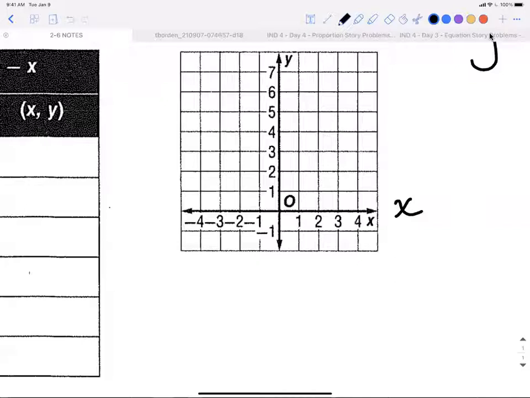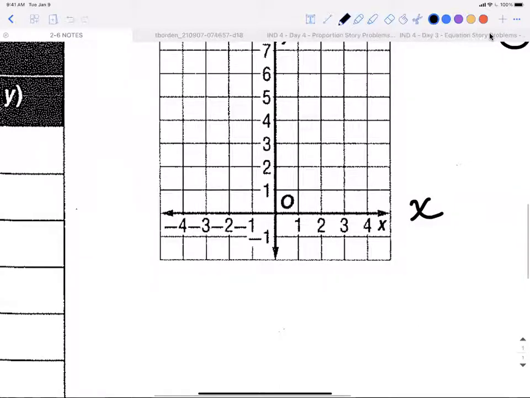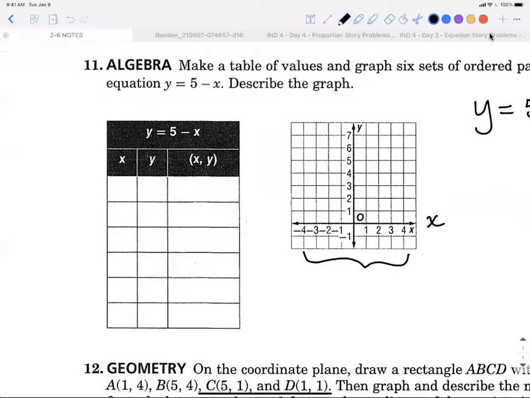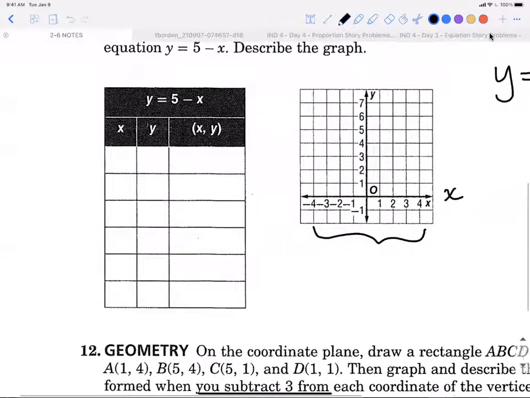So where should I start? What should be my range? Yes, -4 to 4. You're going to want to stay somewhere between -4 and 4 because if you pick a crazy big x value, it's not going to fit on your graph. So I know I need to pick 6 of them, and I know they need to be between -4 and 4. That's really the only instruction that you have to stay in line with.